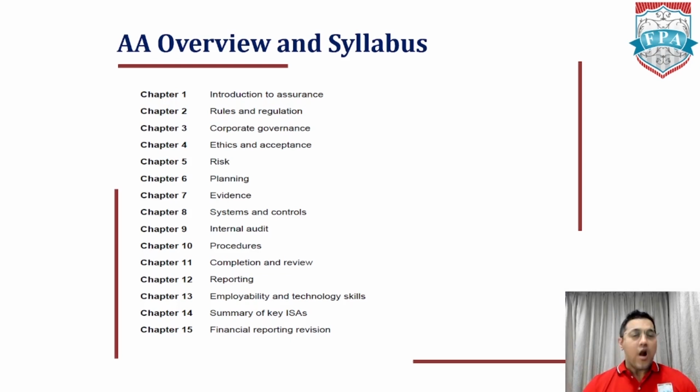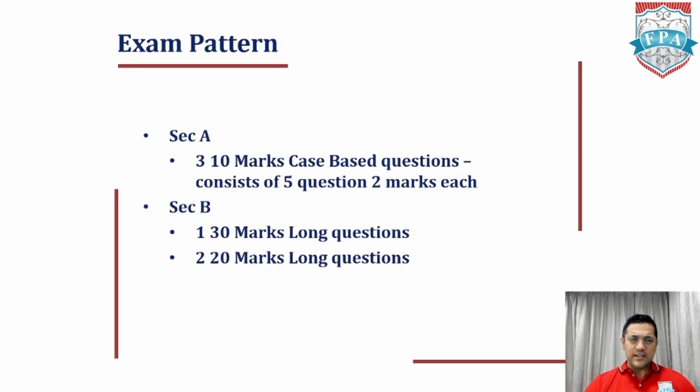However, if you've not done financial reporting, be rest assured that whatever we cover here, you will be able to follow most of the things covered in the exam. So you don't have to think, oh, I've not done FR, I will not be able to do the audit. We have enough students who have cleared audit with no problem without having sat the FR paper. So that's your audit overview and the syllabus.